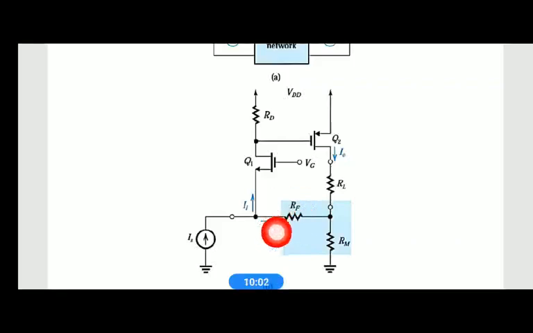Since IF is increased, we can clearly indicate that an increase in IS causes an increase in IF, hence it is negative feedback. Understood? Hence it is negative feedback. An increase in IF causes a decrease in II, because IS we are not changing.